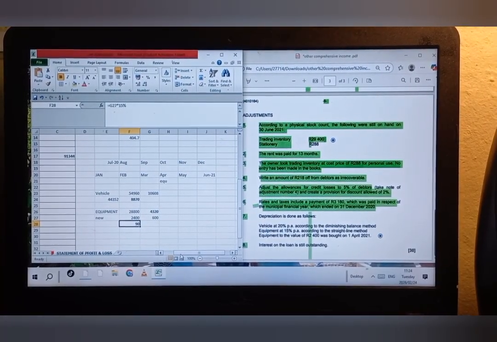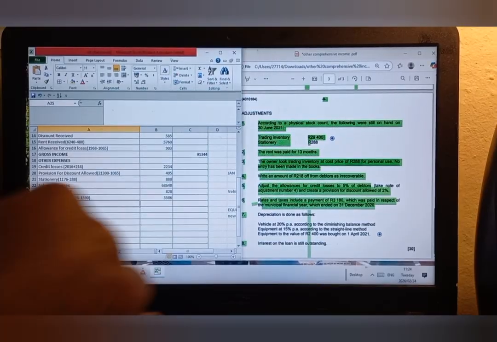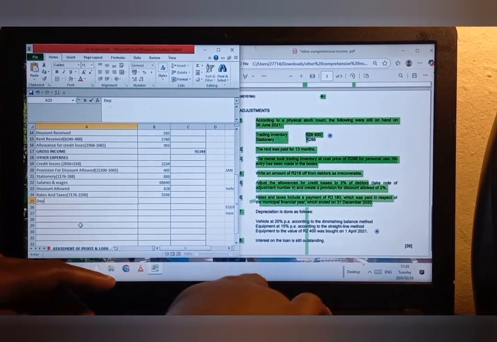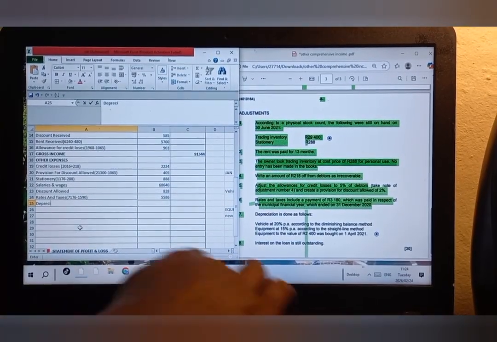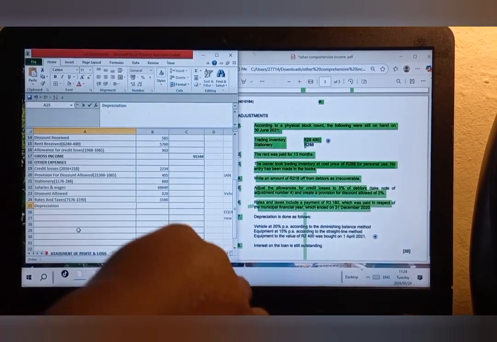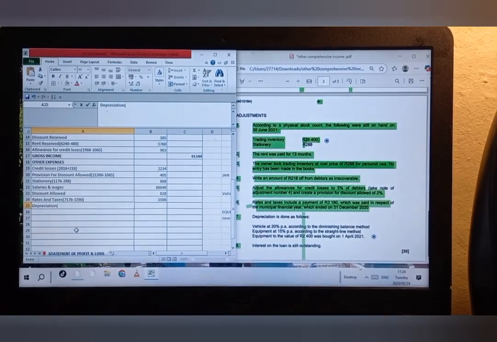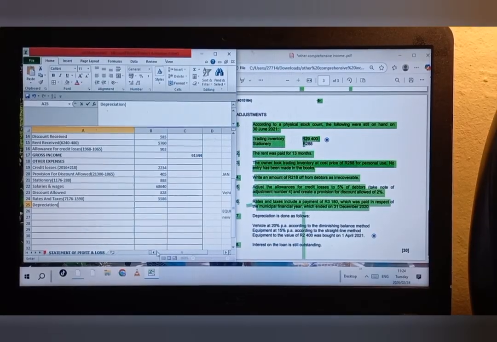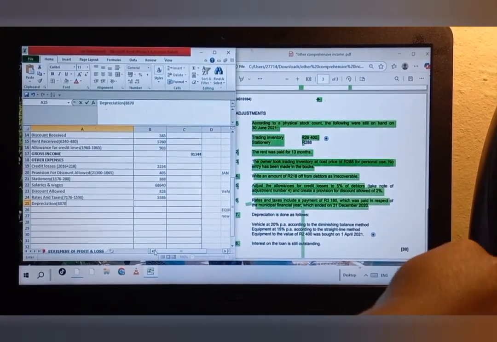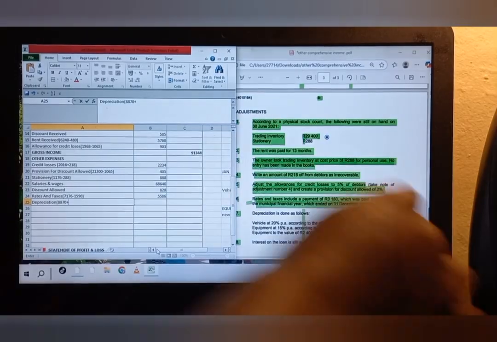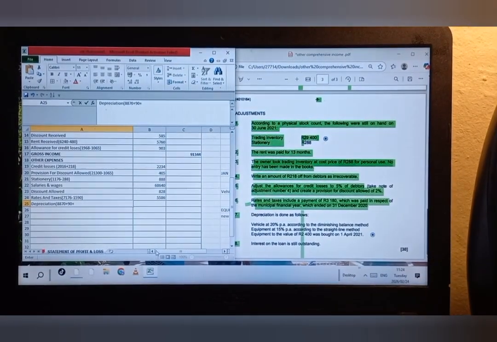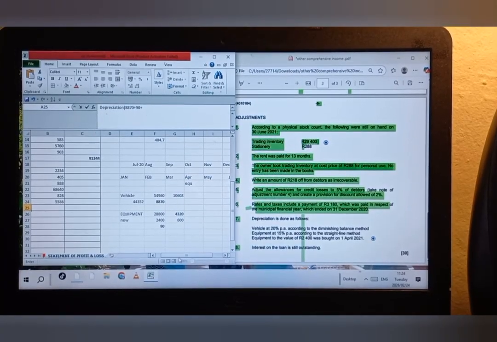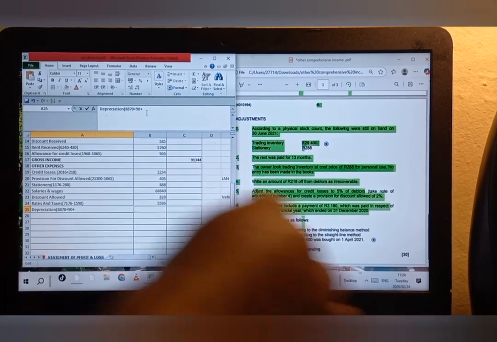Then we have depreciation, open bracket, 8,870, plus 90 rand that we got from our new equipment, plus our old equipment depreciation, which is 4,320.